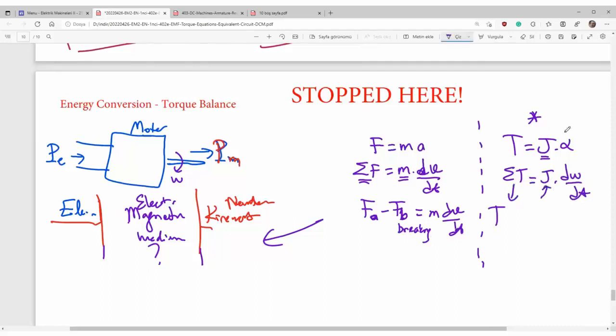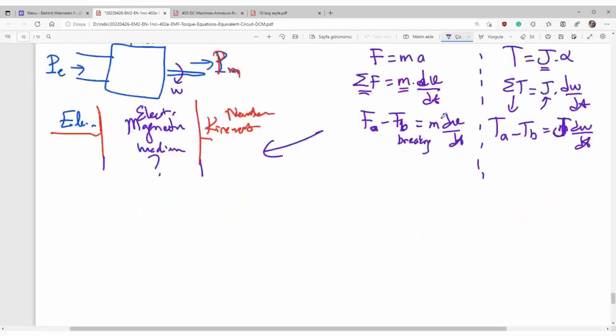Total torque or net torque is equal to acting minus braking, and J dW over dt. Ladies and gentlemen, you know that is the angular acceleration.